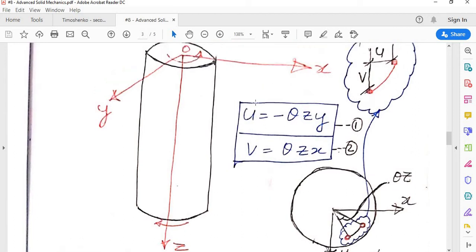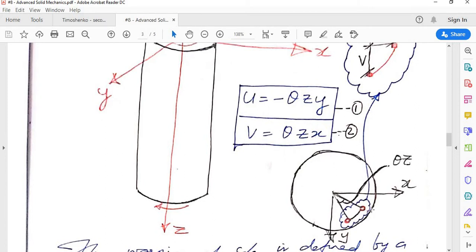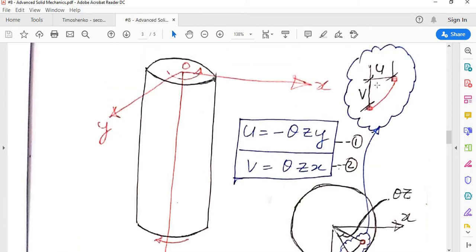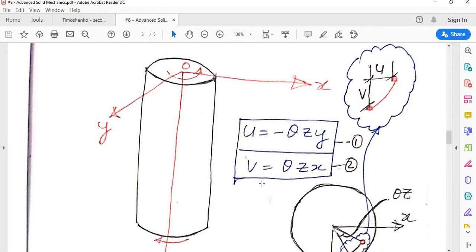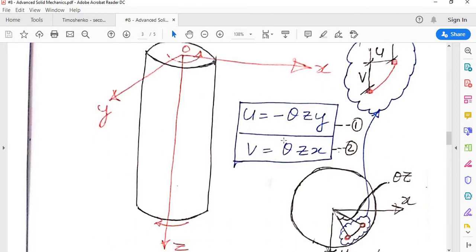So using trigonometry, the tan and the cosine function, you can write the net displacement along the x direction as negative of the total angle of twist into y, okay? Negative is there because the x coordinate is reducing. And similarly v, which is the displacement along the y coordinate, you can write as theta z, which is the twist, into x.